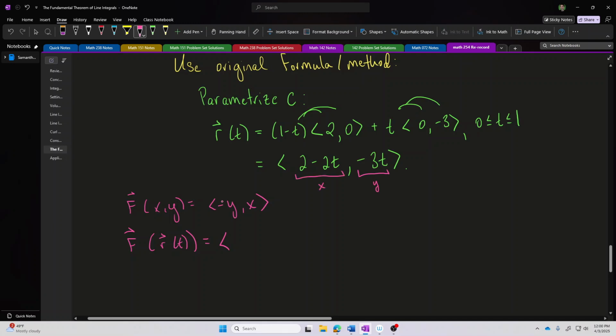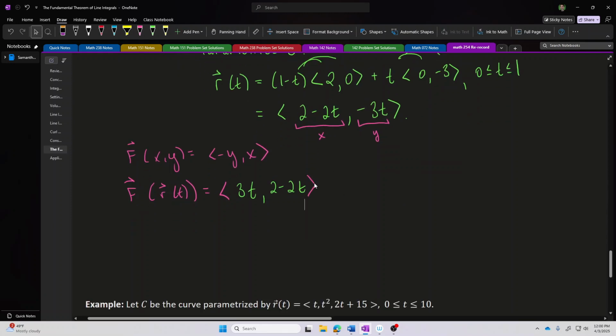Everywhere there was an x, I'm going to replace that with the x component of the parameterization. So negative y becomes negative negative 3t, and x becomes 2 minus 2t. So here is our vector field expressed in terms of the parameter t.